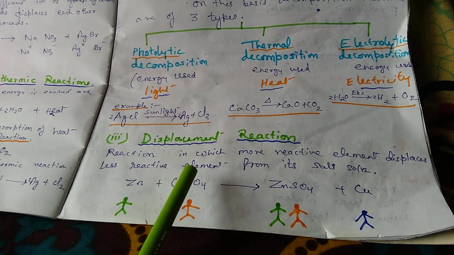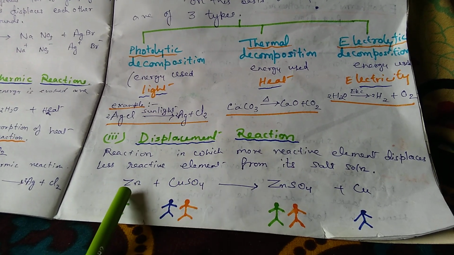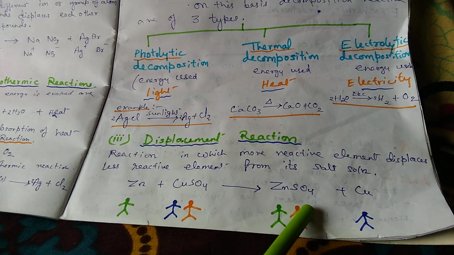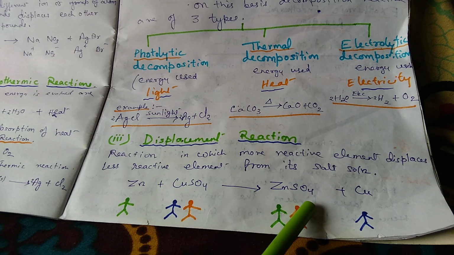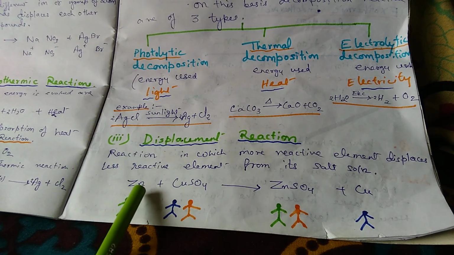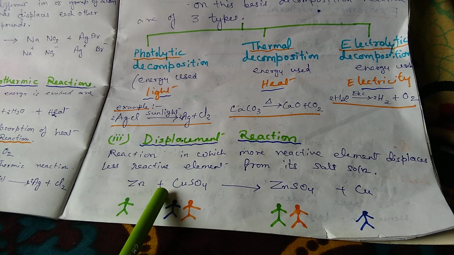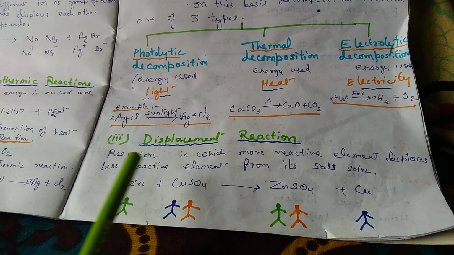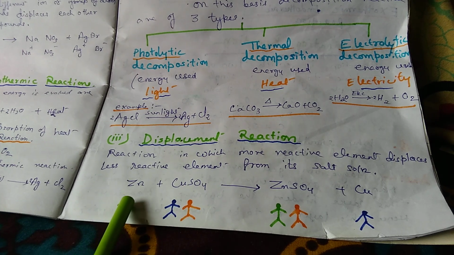Zinc is more reactive than copper. It will displace copper from its salt and take its place to form a new salt, zinc sulfate, ZnSO4. So this type of reaction, where a more reactive element displaces a less reactive element from its salt, is known as displacement reaction.